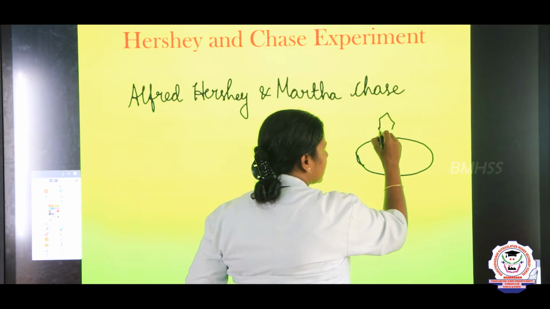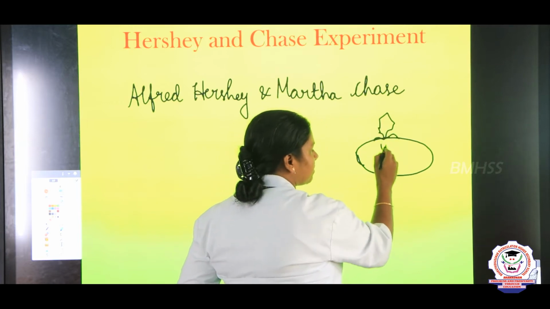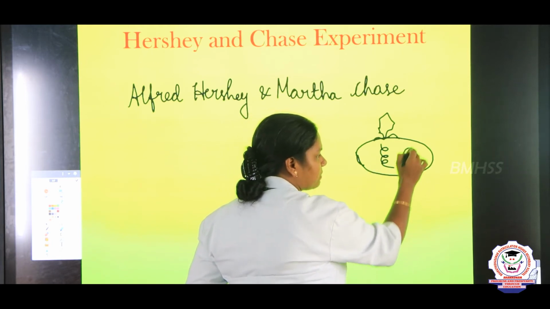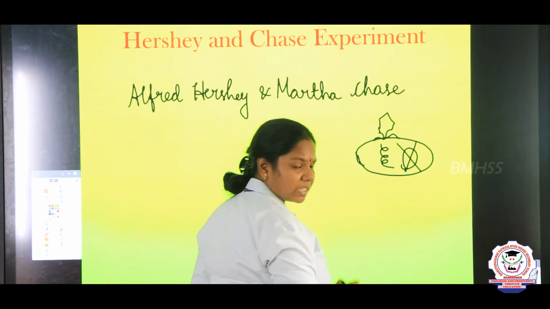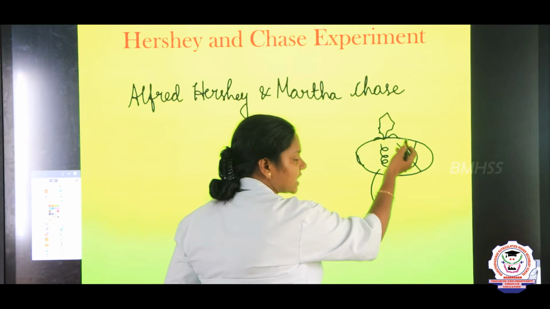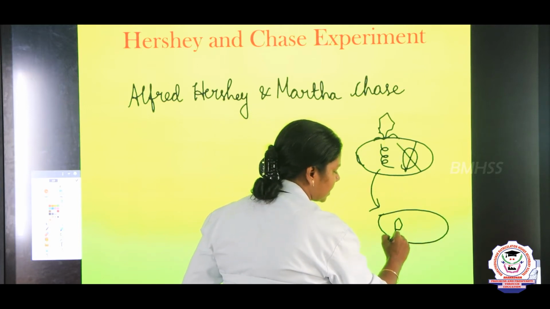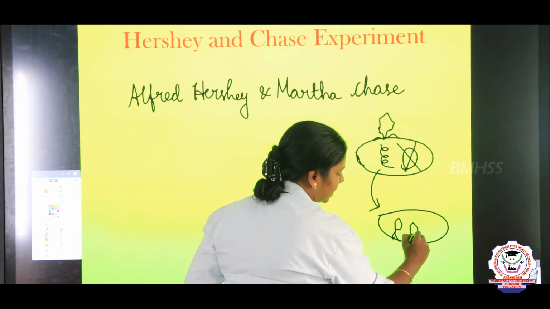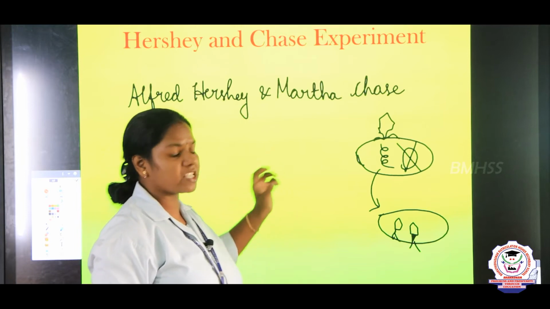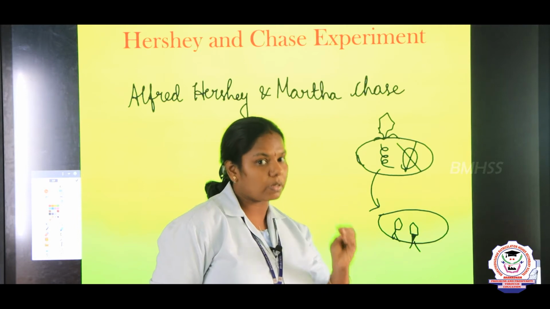A virus approaches the bacterial cell and injects its genetic material into it, and this viral genetic material destroys the bacterial genetic material, and the viral particles replicate inside the bacterial cell, and as a result many viral particles are produced. So this is the lytic cycle.